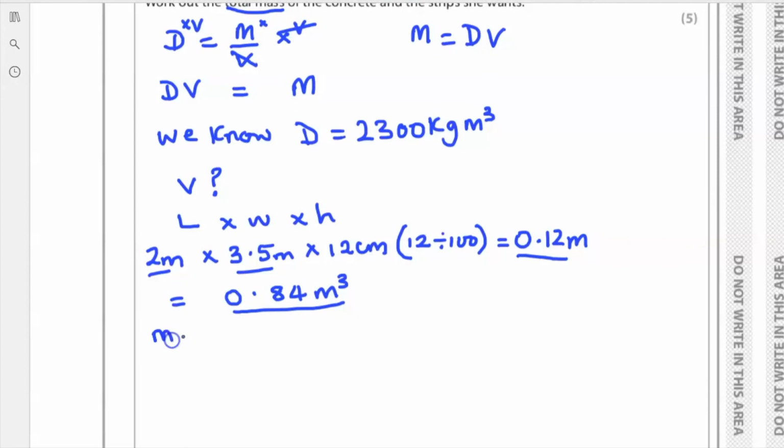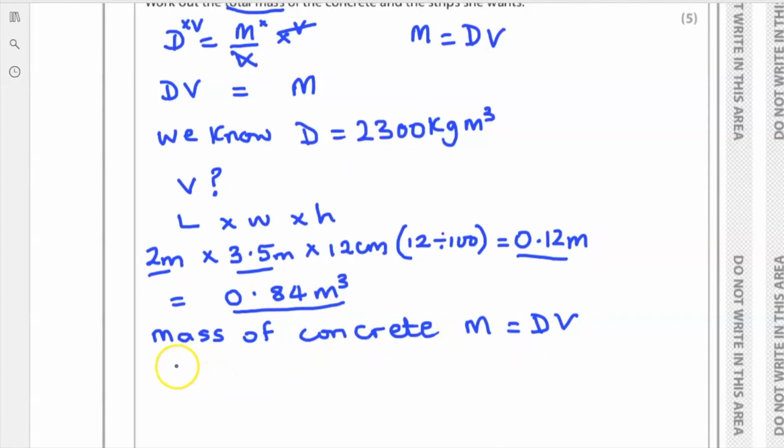We now need to get the mass of concrete, which is, we know mass is equal to density times volume. We know the volume and we know the density.